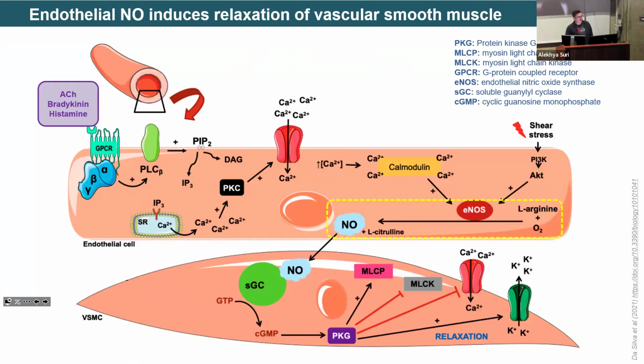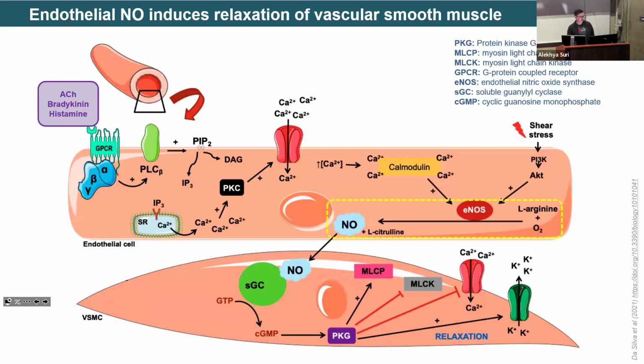So the endothelial cell has many different types of receptors for what we call vasoactive substances. And in particular here, we're going to talk about acetylcholine, which we mentioned already, but also bradykinin and histamine. Those are also vasoactive compounds. Some endothelial cells have receptors for adenosine, for instance, and people in physio will probably remember that we talked about adenosine quite a bit.